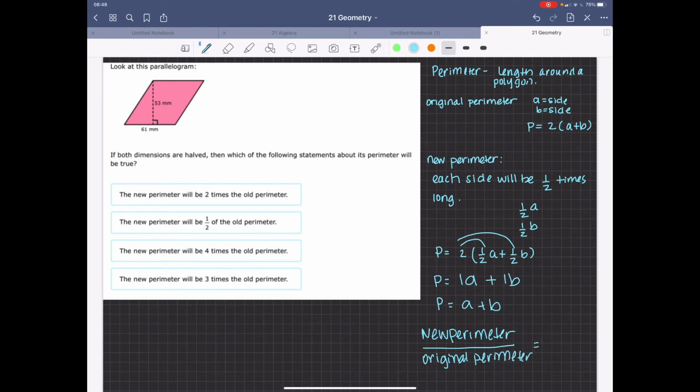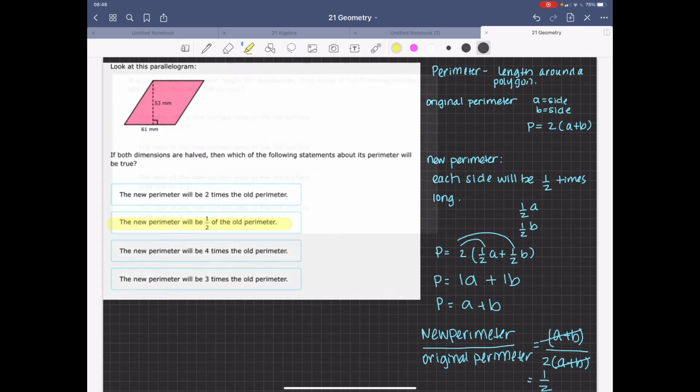So I'm going to have (A plus B) in parentheses divided by 2 times (A plus B). And when I simplify, I get 1 divided by 2. So your answer for this case means that the new perimeter will be 1/2 of the old perimeter.